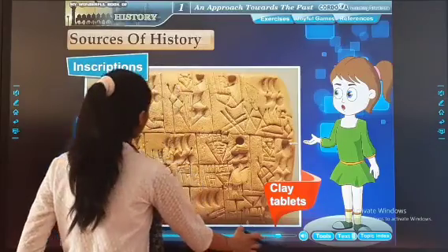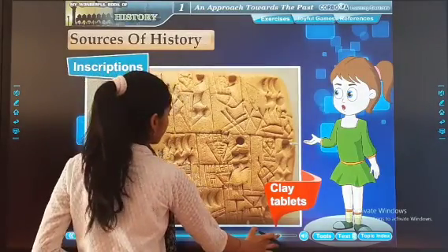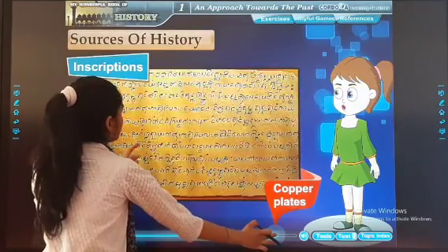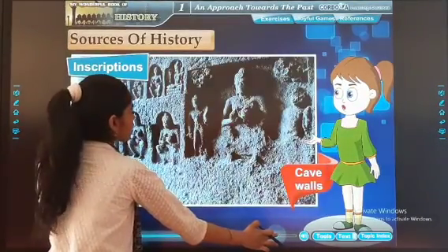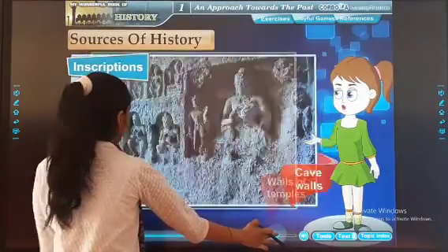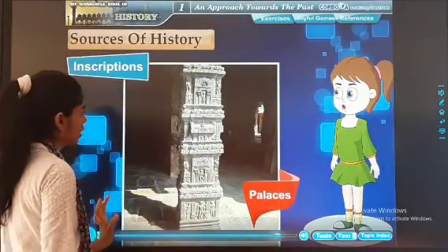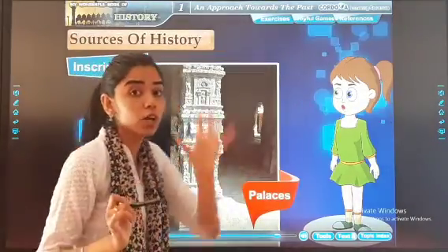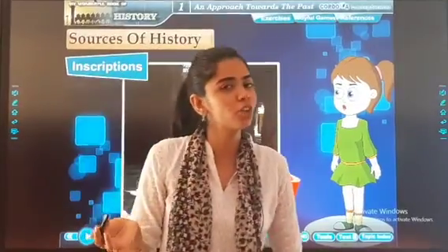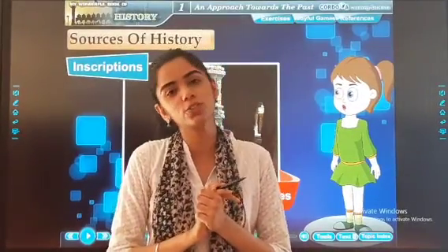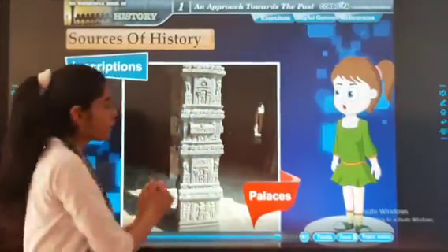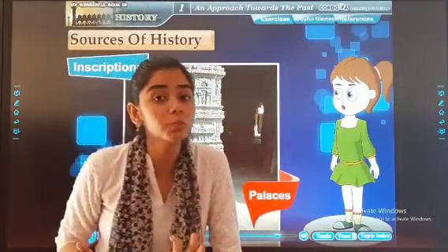We also saw some of the inscriptions. See, I'll show it again. Yeah, see these ones. These are of different languages. And see, palaces. Now see on the walls also and the pillars also. You might have visited many historical monuments and places also, where there are such kind of pillars where there are figures made.